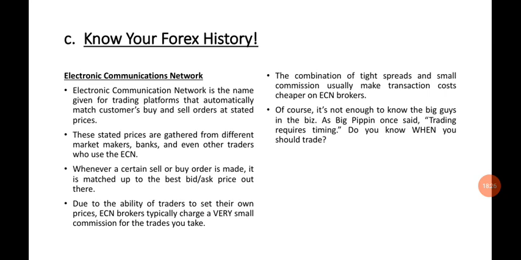Whenever a certain sell or buy order is made, it is matched up to the best bid ask price out there. Due to the ability for traders to set their own prices, ECN brokers typically charge a very small commission for the trades they take. The combination of tight spreads and small commission usually makes transaction costs cheaper on ECN brokers.